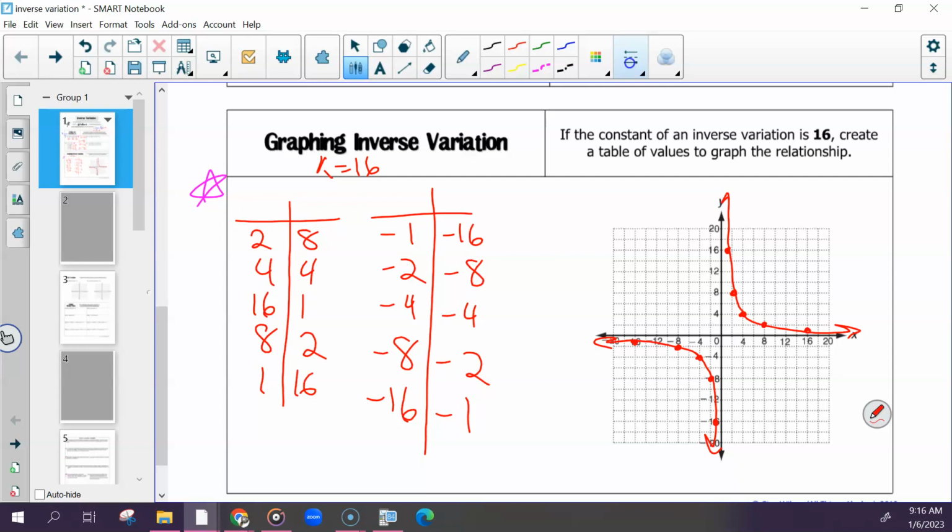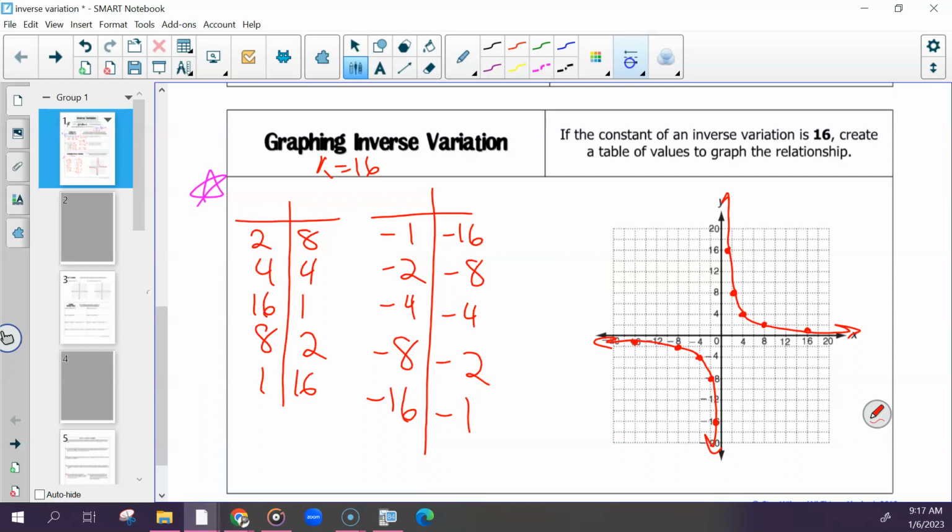This graph is an inverse variation. So anytime you are trying to determine whether this is an inverse or not, if you graph it and it looks like this, it is. Or if you see a graph that looks like this, it is. If you see a line, that's not inverse. Or quadratic, U-shaped, that's not.